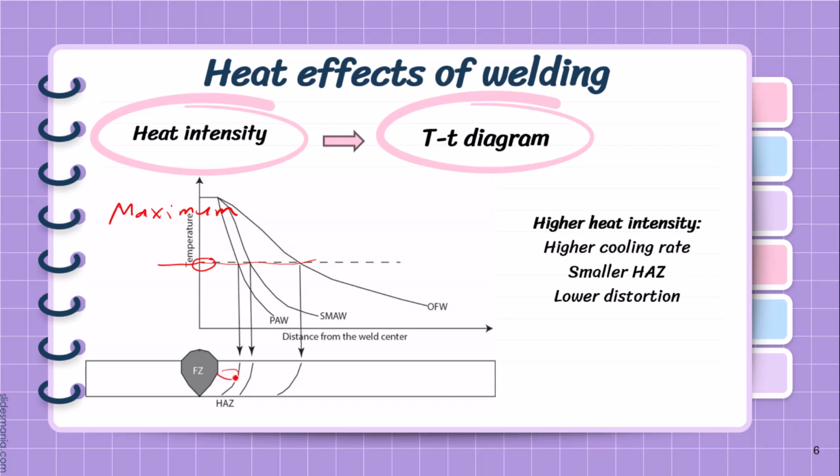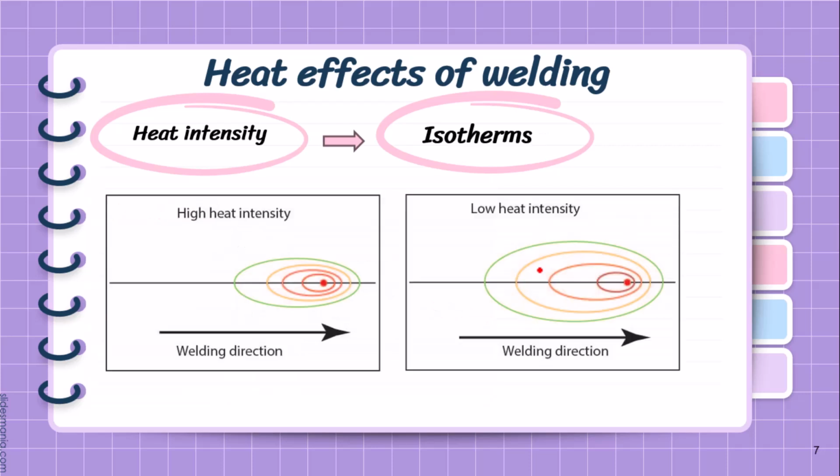For plasma arc welding we have this extent of HAZ, for shielded metal arc welding we have this, and for oxy-fuel welding we have this. And as you can see, we have a larger heat affected zone for oxy-fuel welding. The higher heat intensity of the welding process leads to higher cooling rate, smaller heat affected zone, and lower distortion, which is favored in so many cases.